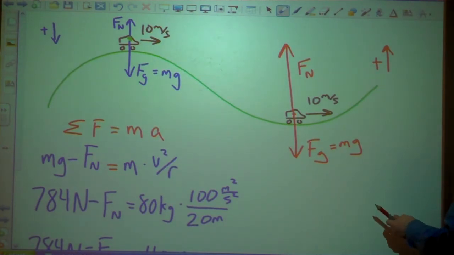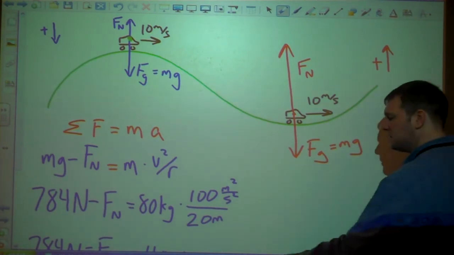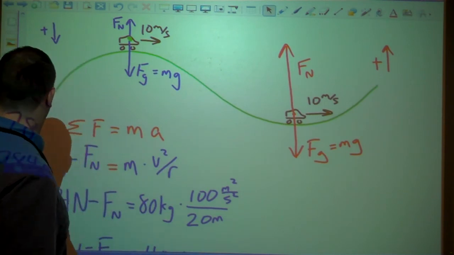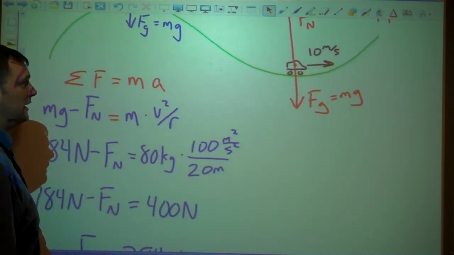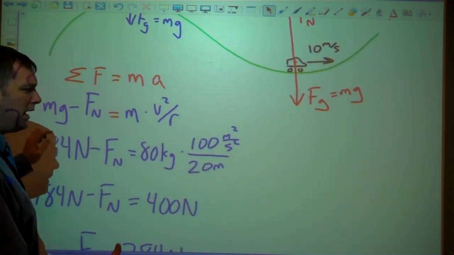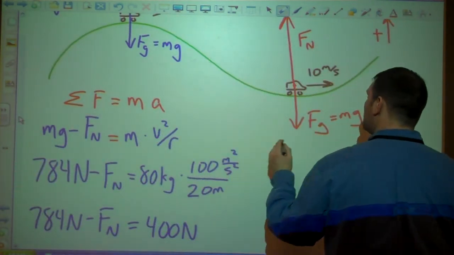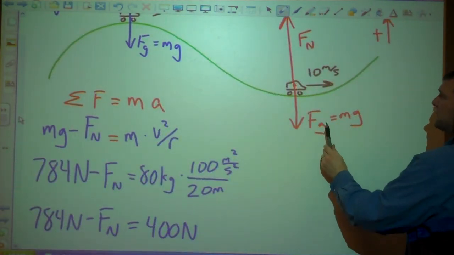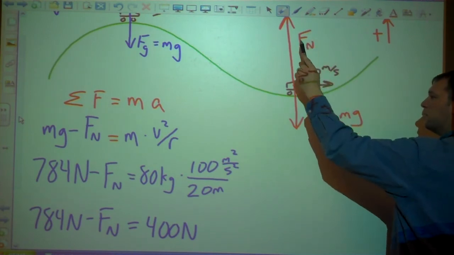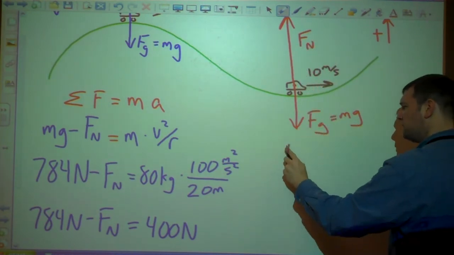So I'm changing positive direction from the question that I've already answered. So again, the net force is going to be, if my positive direction is upwards, the normal force minus the weight.